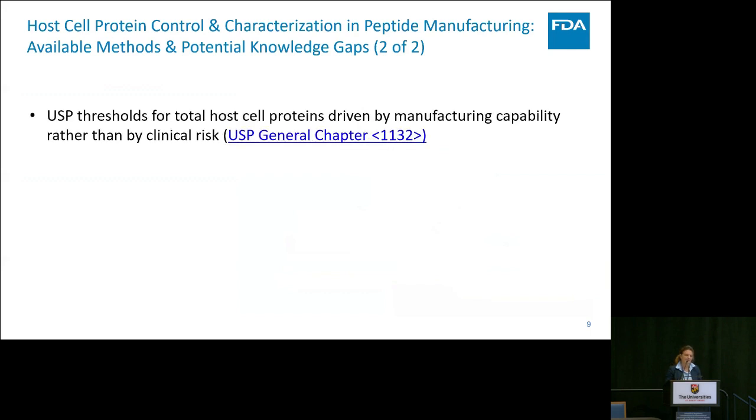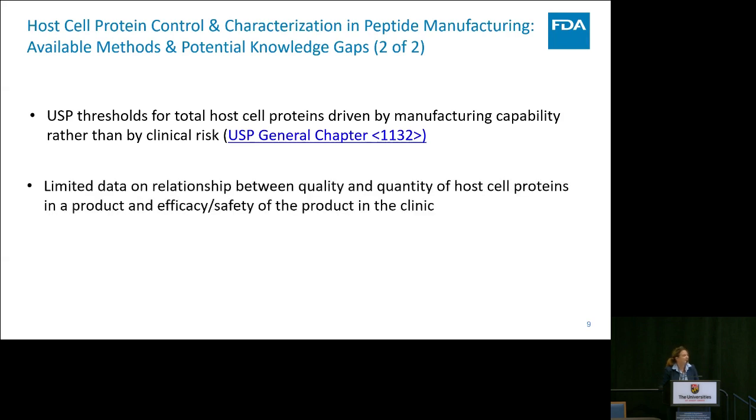Now, there are knowledge gaps around this. So manufacturers typically target an upper host cell protein limit that is laid out in a USP general chapter about residual host cell proteins. And that limit, you probably all know it, is 100 parts per million. This threshold is driven by manufacturing capability and not really by clinical risk.